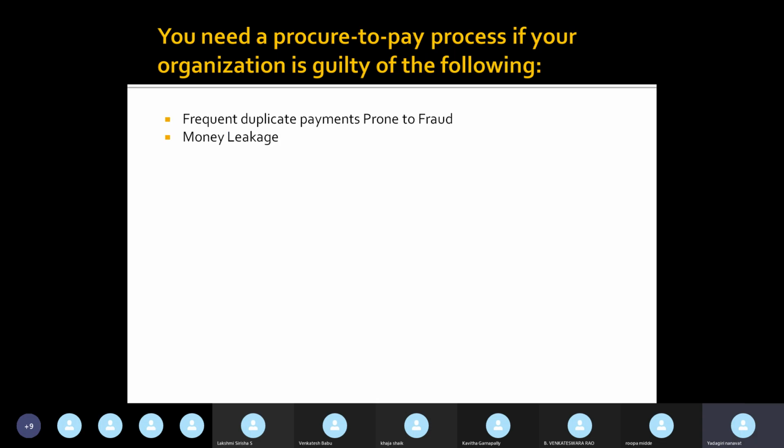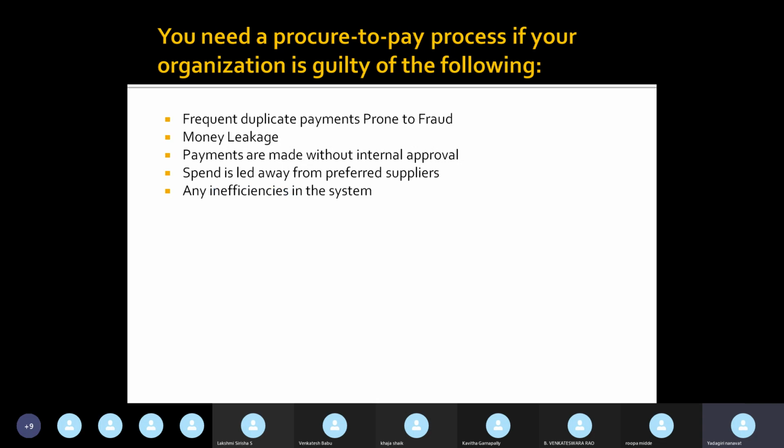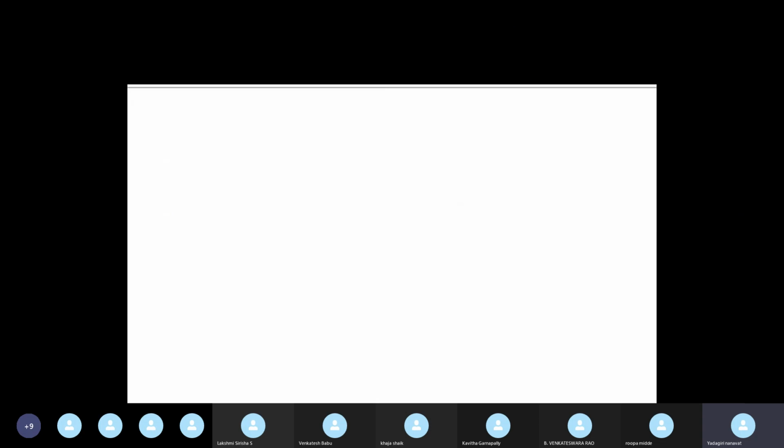When we do not maintain the P2P process, these are the problems we will face: payments made without internal approval, spend that strays away from preferred suppliers, any inefficiencies in the systems, lots of new suppliers added on a regular basis, which is a time-consuming process, and retroactive orders to cover invoices and receipts.